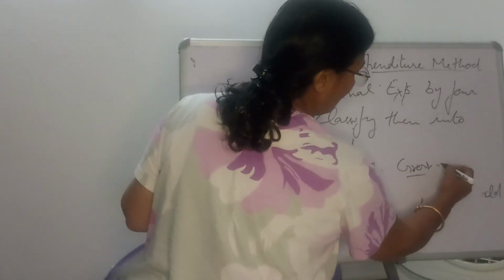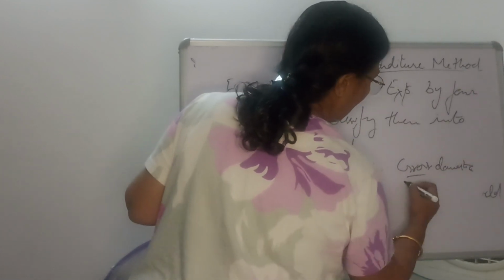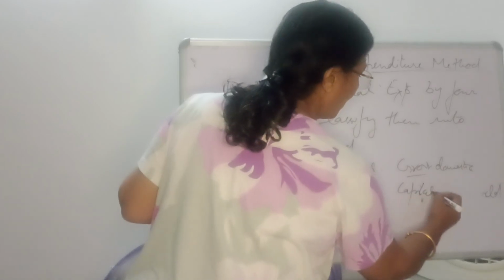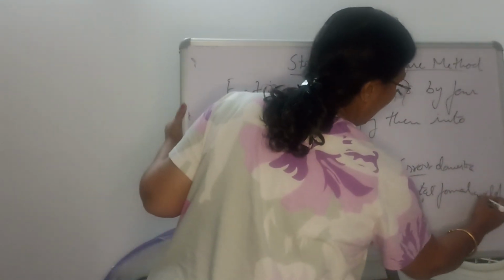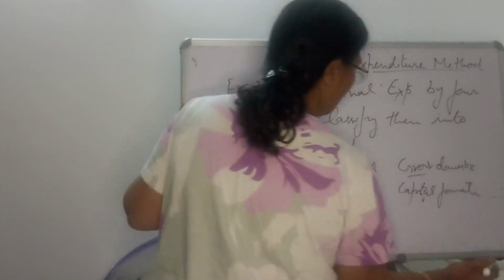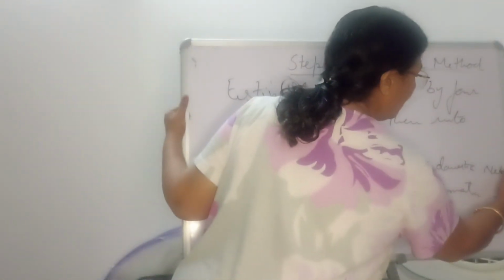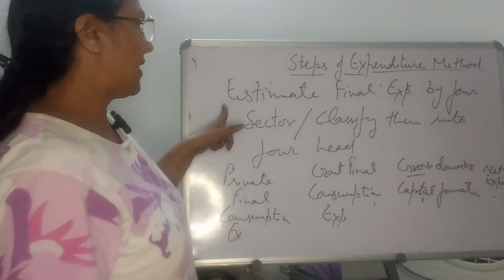I am taking gross domestic capital formation. This is expenditure on capital goods by the firm. Capital formation, investment, right? And last one is, this is rest of the world, this is net exports. Net exports. So this is the second step.